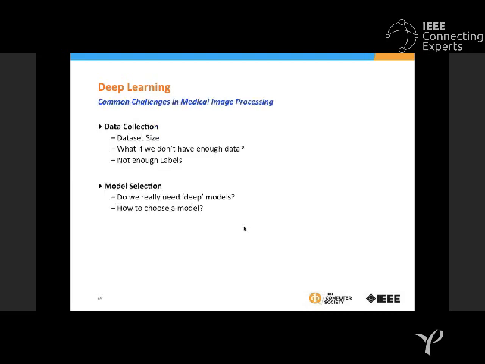Obviously, there are some things we need to take care of. Data collection is one of the issues, and it is the most predominant issue in the case of medical images, because getting data from a medical house requires time. Getting labeled data requires much more time, not only for the researchers, but for the doctors who will label the data.